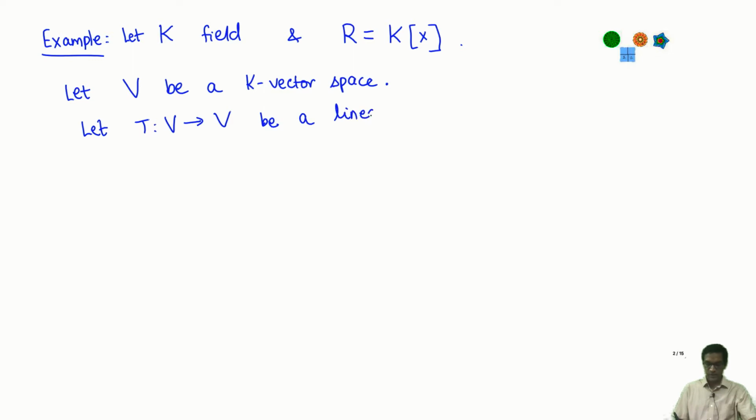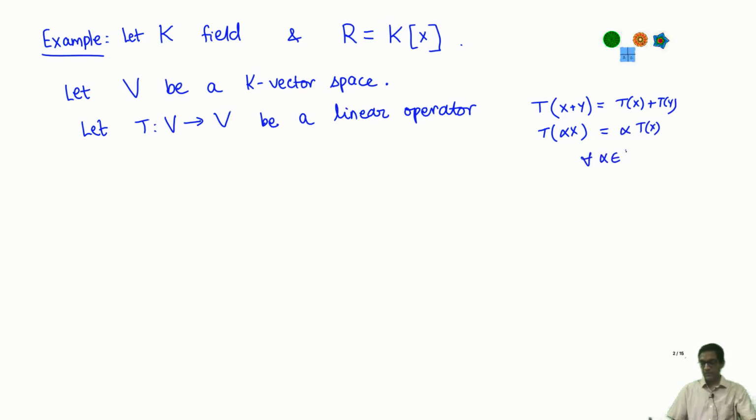Recall, a linear operator from linear algebra is just a map from V to V which satisfies the following properties: T of x plus y is Tx plus Ty, and T of alpha x is just alpha Tx, for all alpha coming from the field K, and all x and y coming from the vector space V. So this is a linear operator.